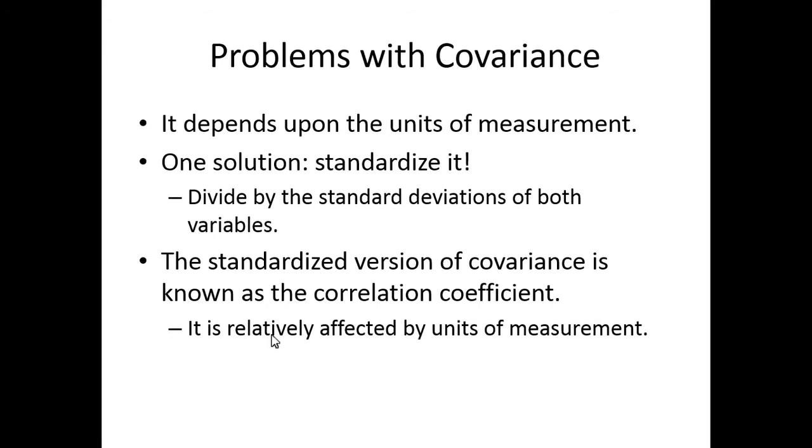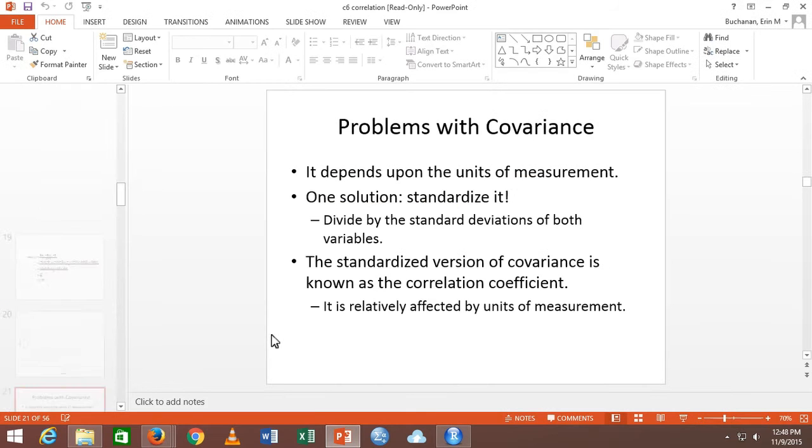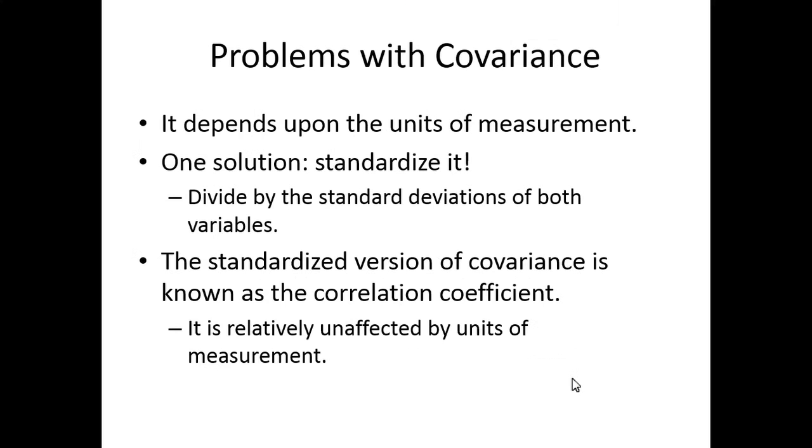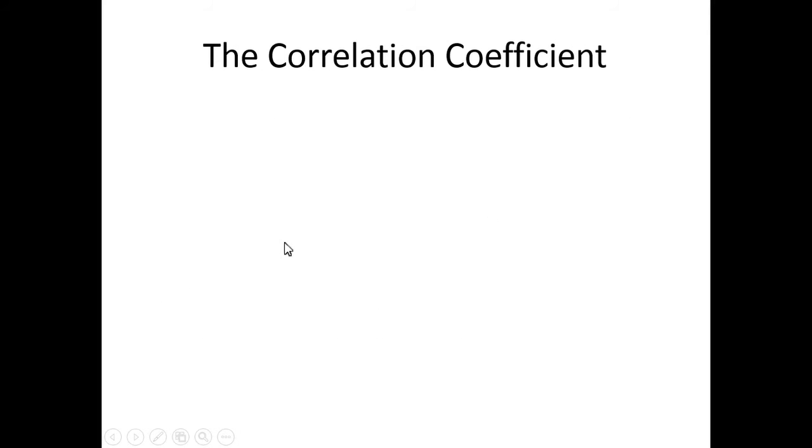And it is relatively unaffected. Unaffected. Typo. So covariance is affected by the unit of measurement. Larger measurement scales get larger covariances. Correlation coefficient is actually totally unaffected by the measurement scale because it's standardized.